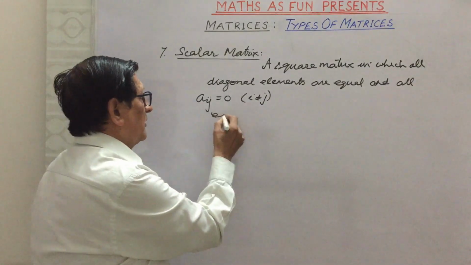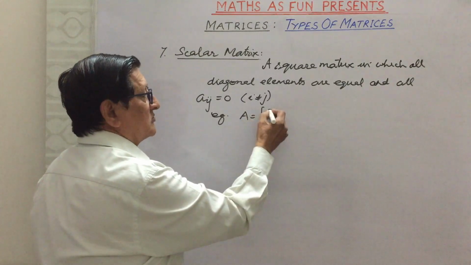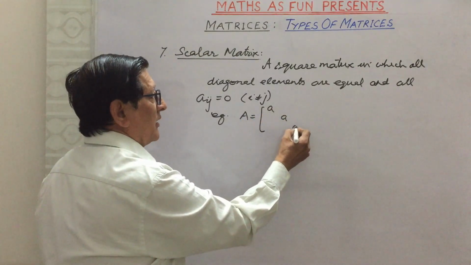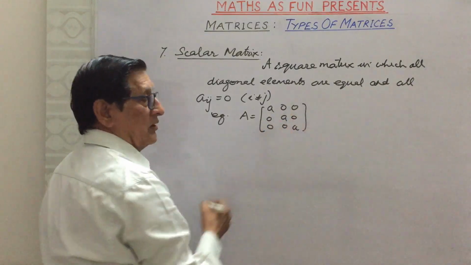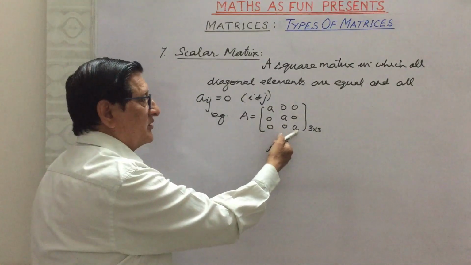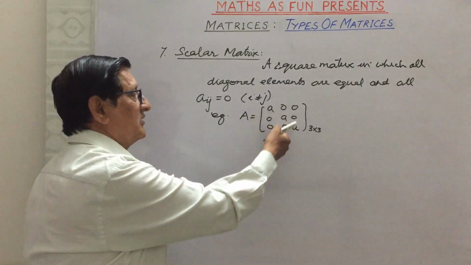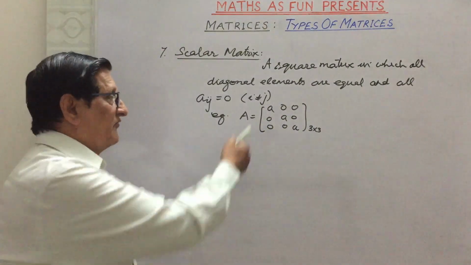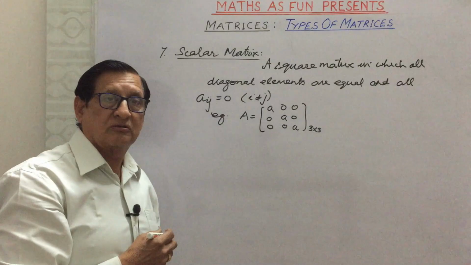For example, we take a matrix A, that is suppose a 0 0 0 a 0 0 0 a. This is of order 3 into 3. We are finding the diagonal elements are all equal, that is a, and all other elements are 0. And if these are the diagonal elements, then we can call it a diagonal matrix also.